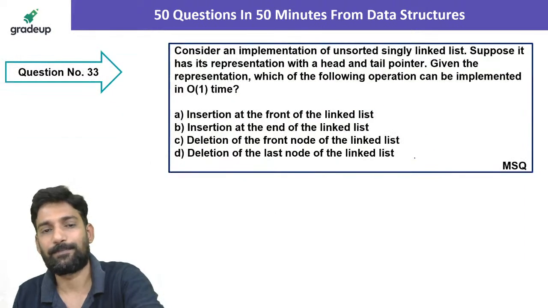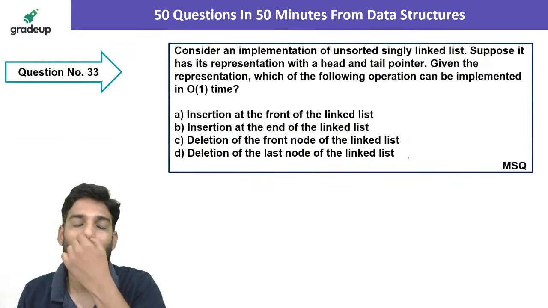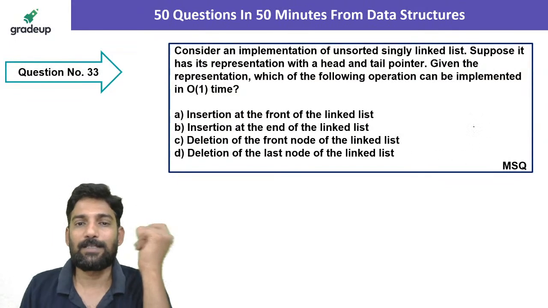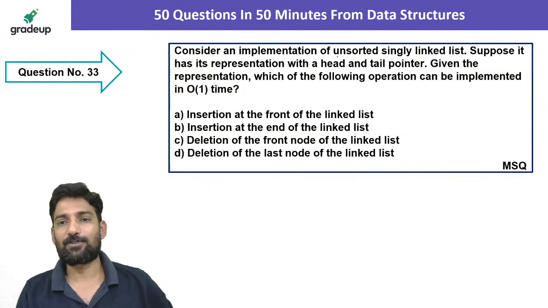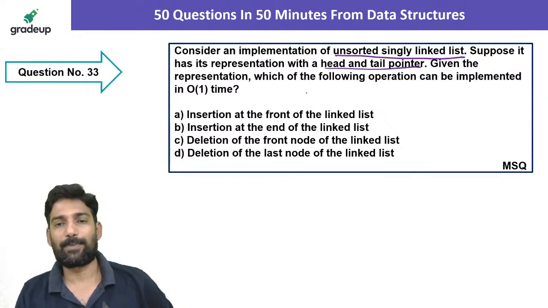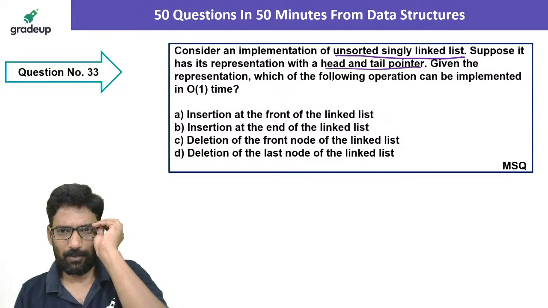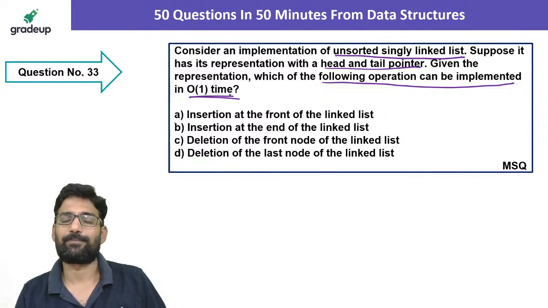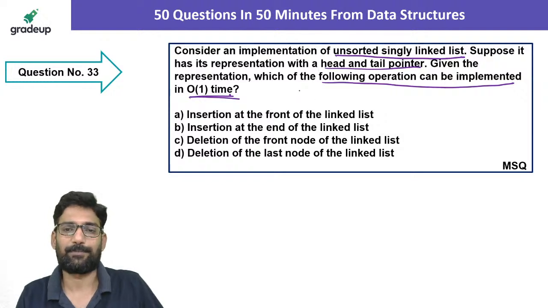Okay. Next question. Yeah. So first time we have got MSQ. Consider an implementation of unsorted singly linked list. Suppose it has its representation with head and tail pointer. Given the representation, which of the following operations can be implemented in big O of one time? Assume we have head and tail pointers.